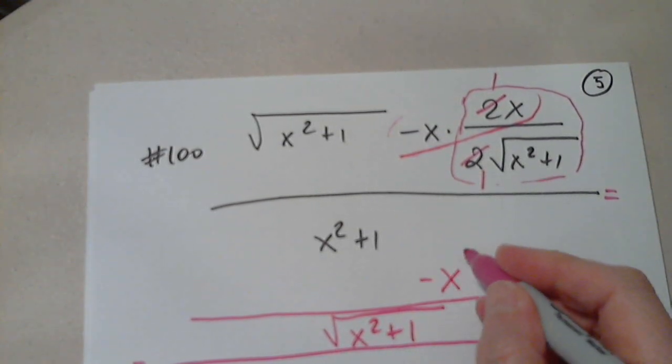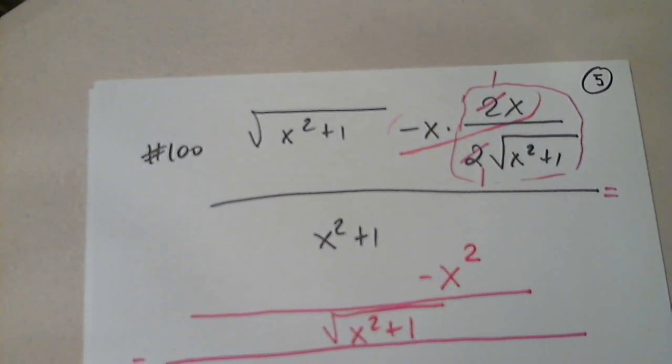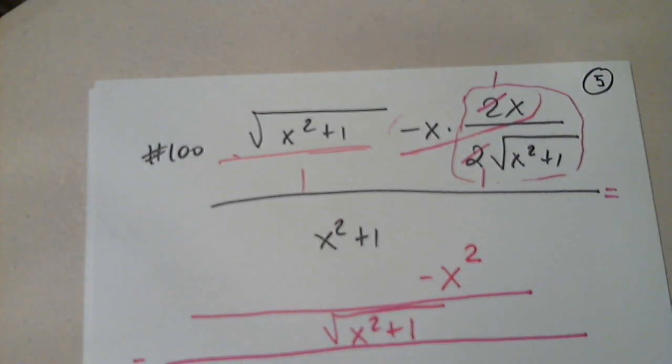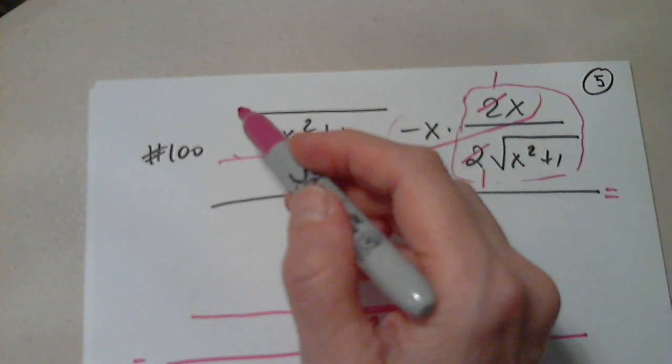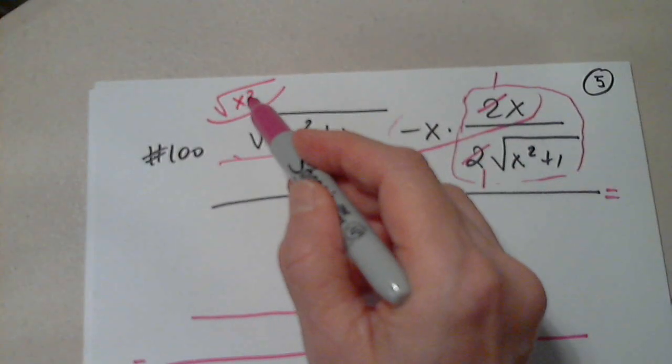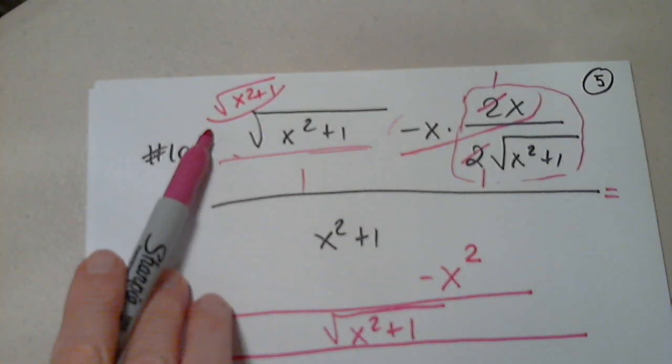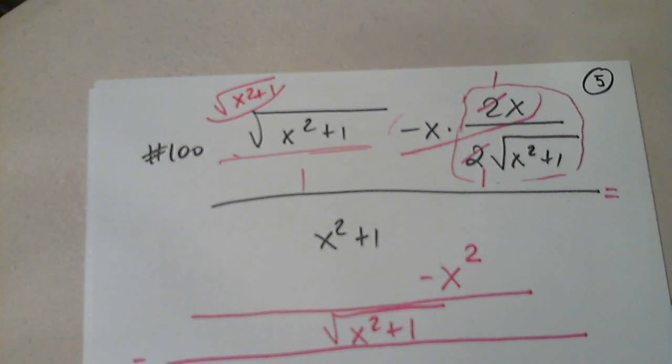There is no discussion there. But this is over 1. It doesn't have a denominator. So if I multiply 1 by this, I have to multiply the numerator by the same quantity. But what do we know about the square root of x squared plus 1 times the square root of x squared plus 1? What do we get?